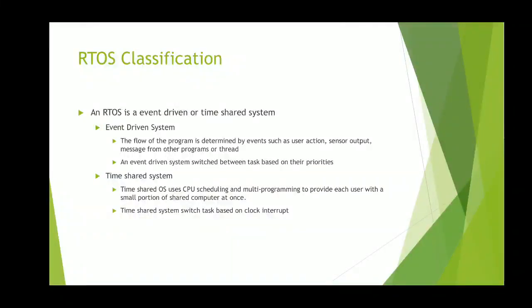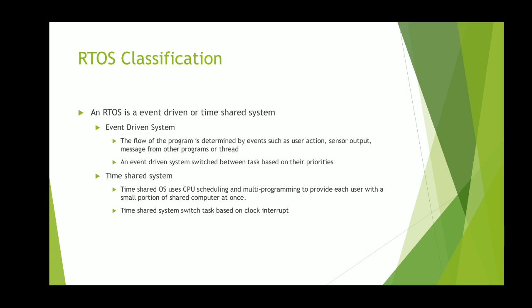Here we are going through the various classifications of real-time operating systems. Based on the CPU scheduling, real-time operating systems are classified into two: event-driven system and time-shared system. In an event-driven system, the flow of the program is determined by events such as user action, sensor output, and messages from other programs or threads.